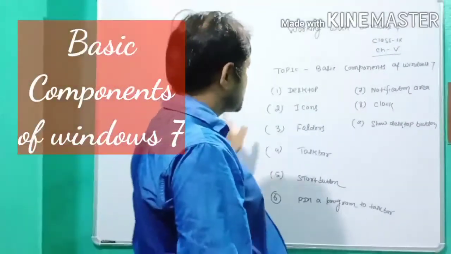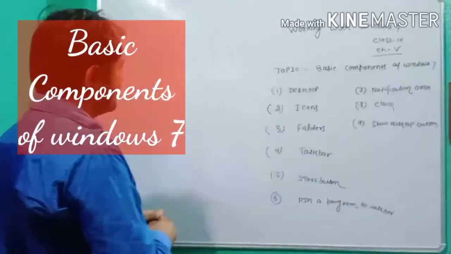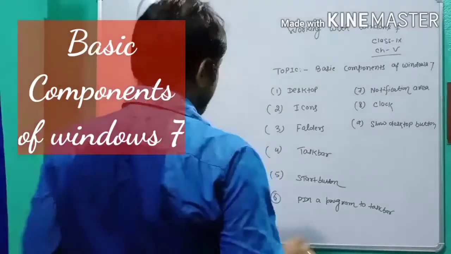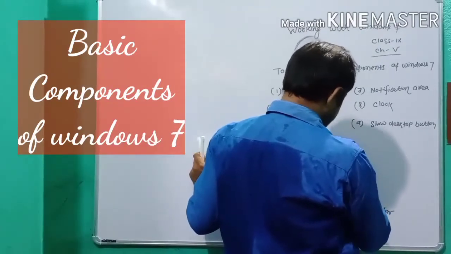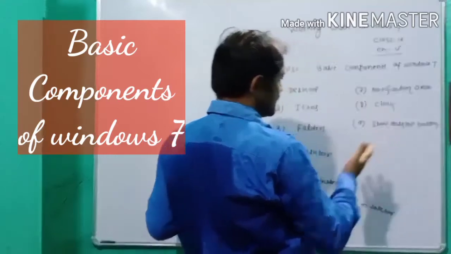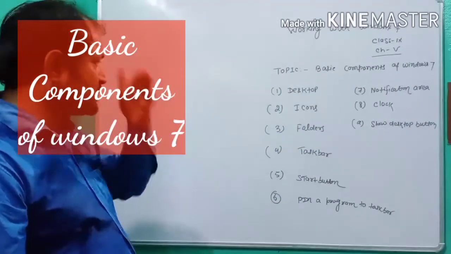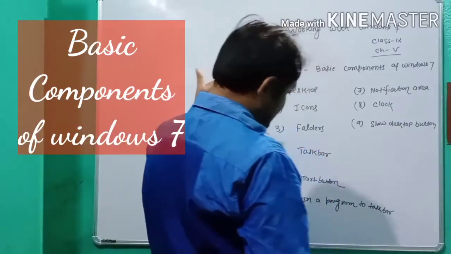So I showed every such area on the laptop. My dear students, if anybody asks what the desktop is, what an icon is, what a folder is, what the taskbar is, what the start button is, what the notification area, clock and show desktop button are, these are the main components of Windows 7. First, what is the desktop?